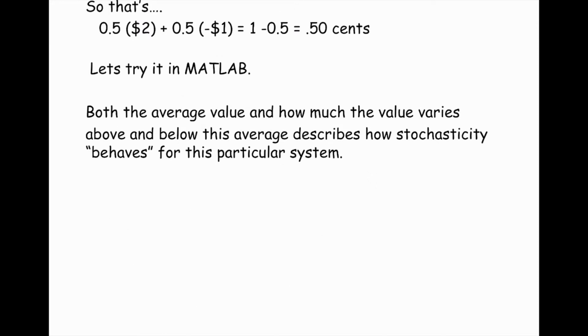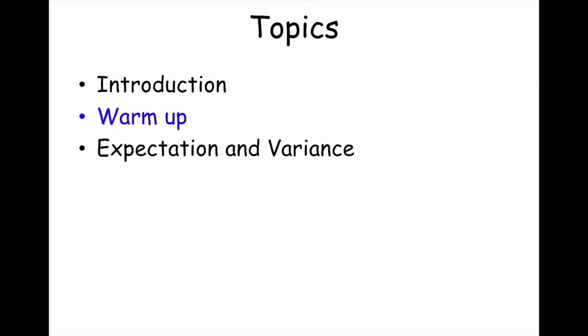So both the average value and how much a value varies above and below its average describes how stochasticity behaves for this system and, moreover, many systems. So let's talk about this average value, this center, right? And talk about this variability, and we'll talk about two quantities, expectation and variance.